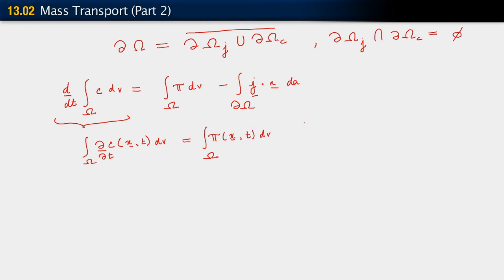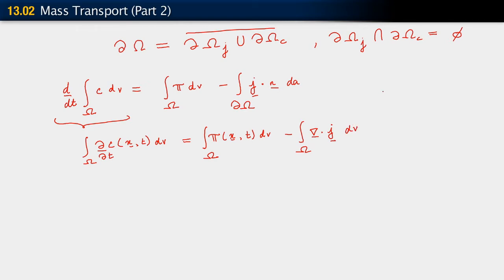And now we have the last term. We do here the divergence theorem. So here we get minus integral over omega. J is a vector, of course. We get minus integral over omega of the divergence of J dV.